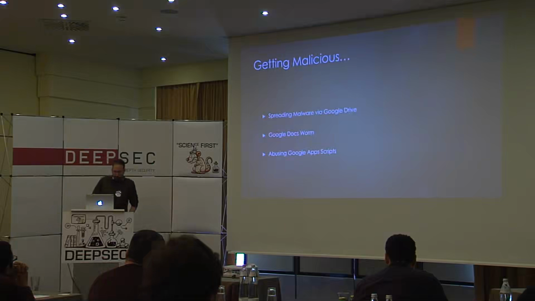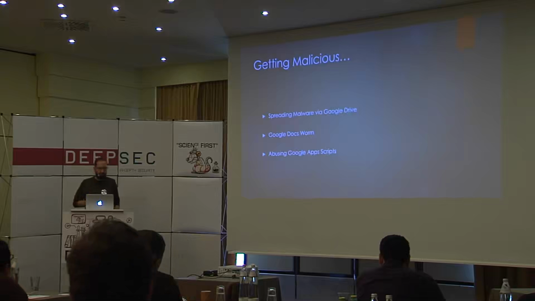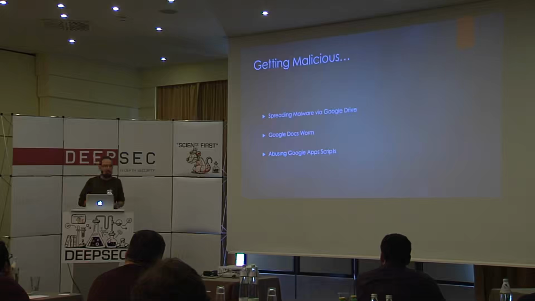So let's go over a deeper example of getting malicious, and we'll talk about some specific examples that I thought would be nice to see as part of this presentation. If you're talking about malicious stuff, the best thing to do is spreading malware via Google Drive, right?